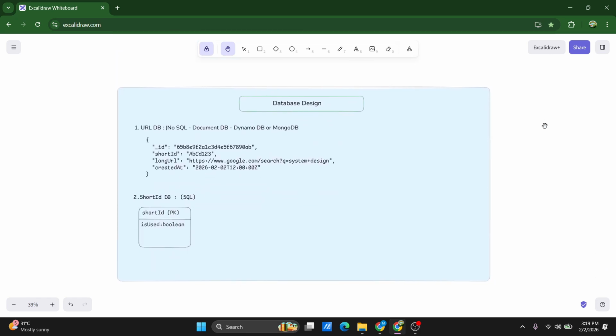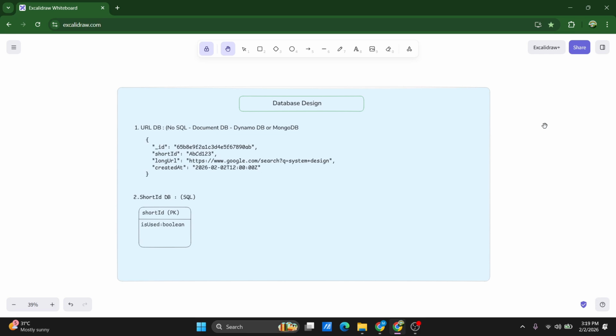Database design. For our URL database, we will use NoSQL because we require no joins, and also NoSQL is scalable and highly available. For storing the short ID, we'll use SQL because if two concurrent users send queries at the same time to generate the short ID, then there is a chance of both getting the same ID.